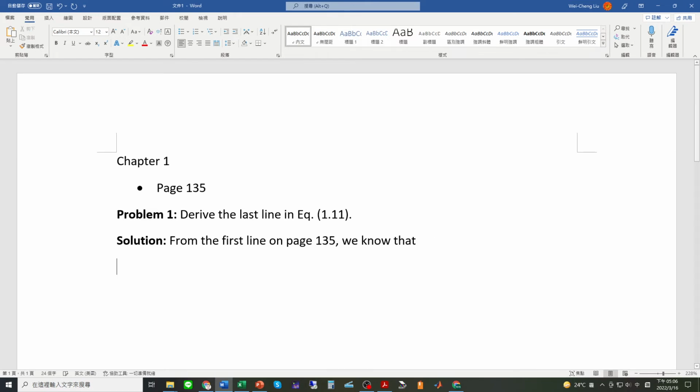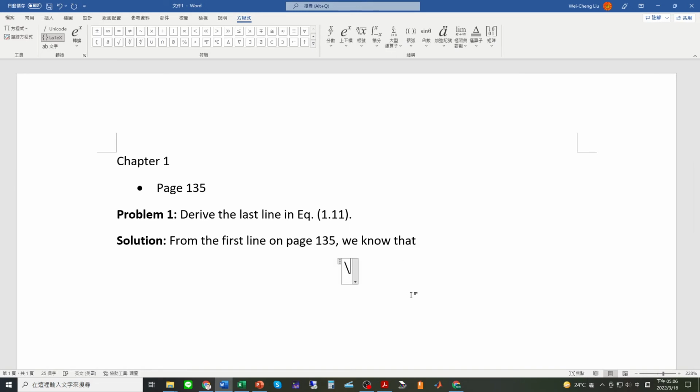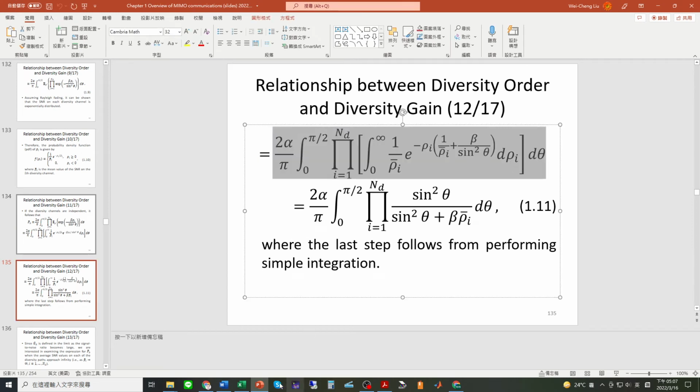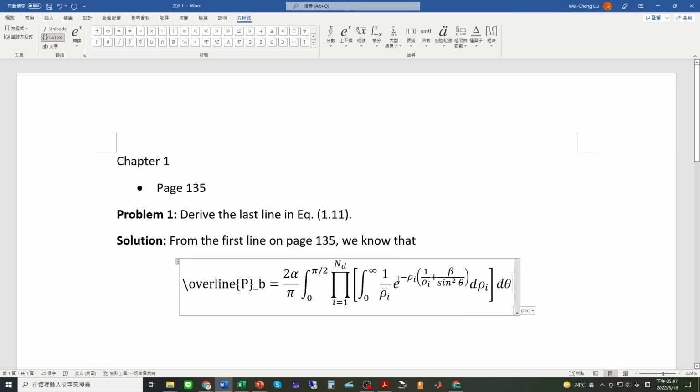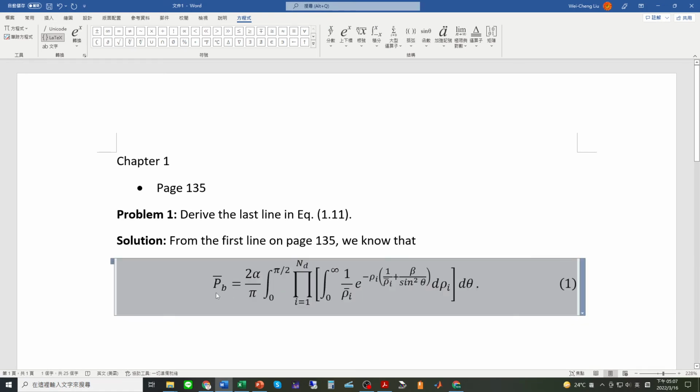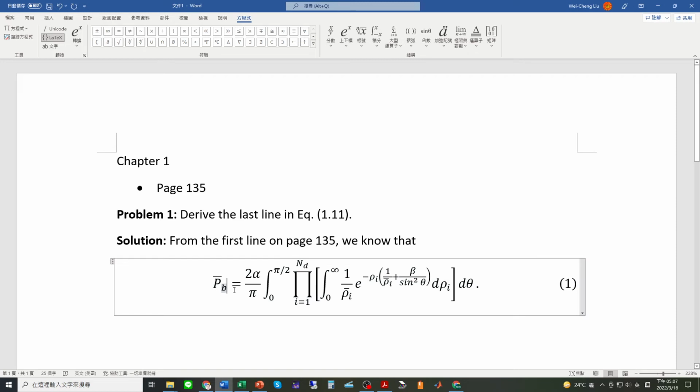We know that P bar B, which is the average bit error probability, is equal to 2 alpha over pi times the integration from 0 to pi over 2, and the product from I being equal to 1 to ND.